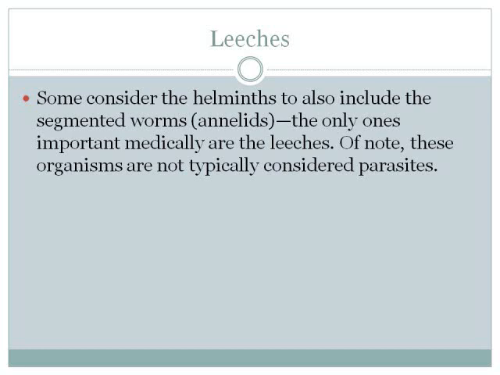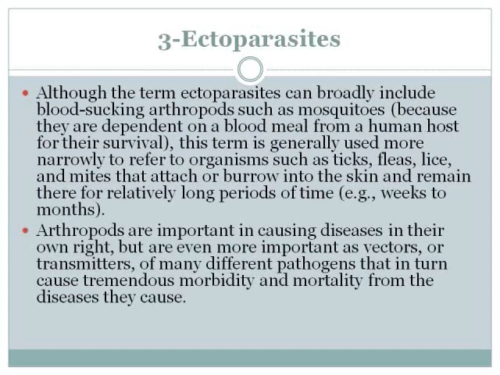Okay, so we will not go into detail, but they are considered segmented worms called Annelids. Now, third is ectoparasites, and again, these are broad parasites that include blood-sucking arthropods. For most of the diseases that we'll study today, we will consider mosquitoes in there.